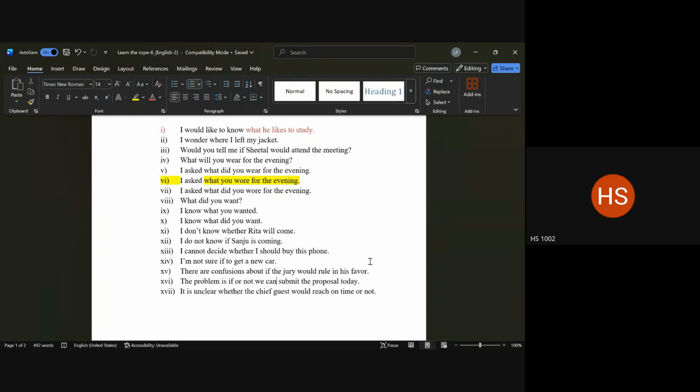So whether is usually used to perform that function. Now, also the case here is that you have a to-infinitive verb. What is the to-infinitive verb in this clause? To get. If, which is a subordinating conjunction, followed by to get, which is your infinitive verb.